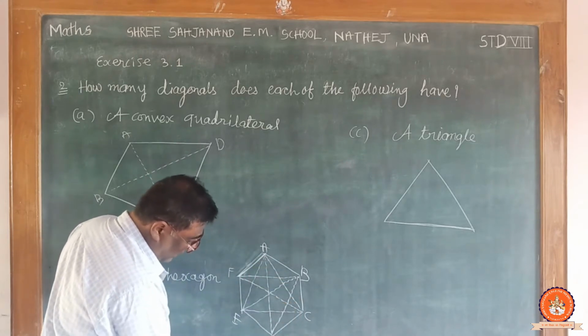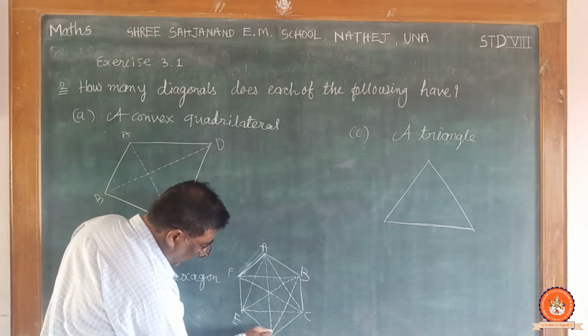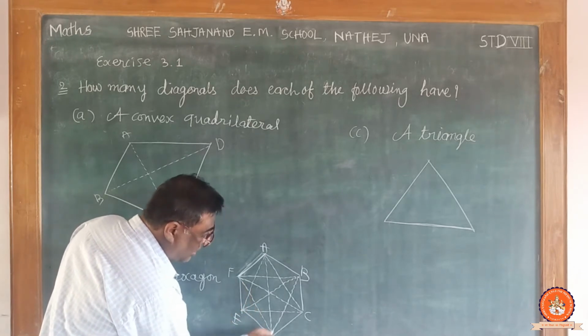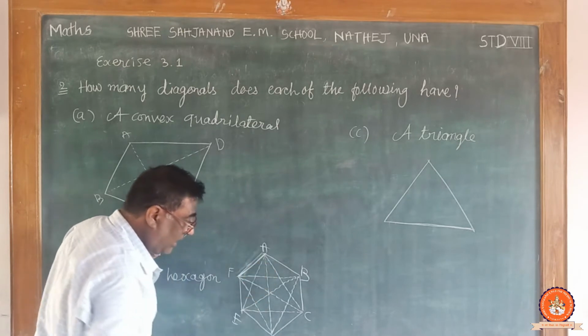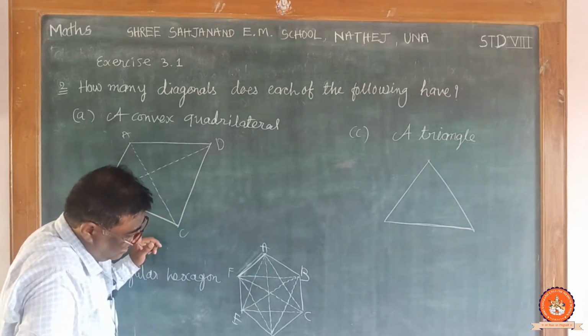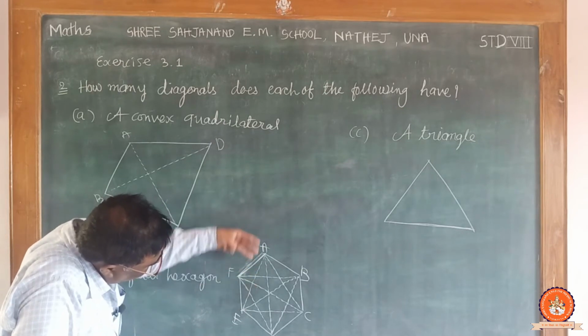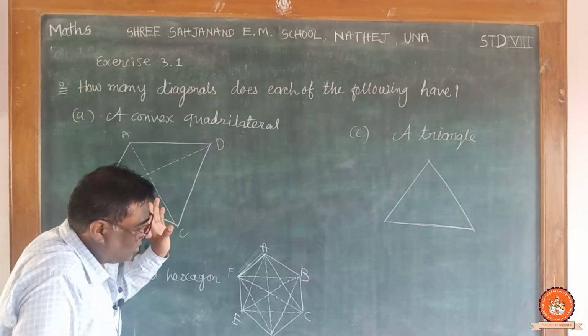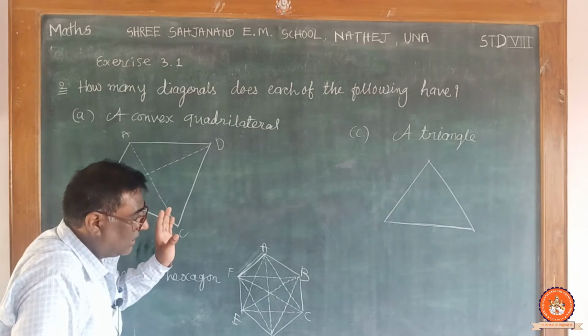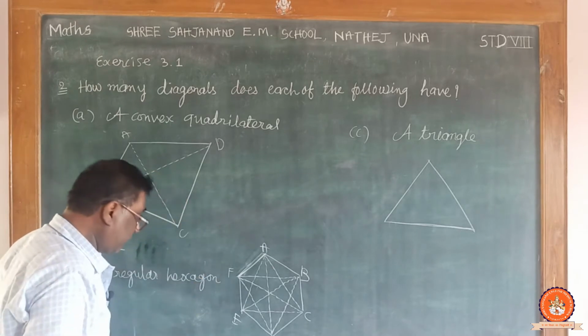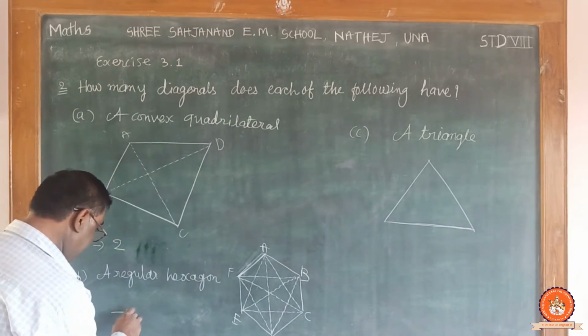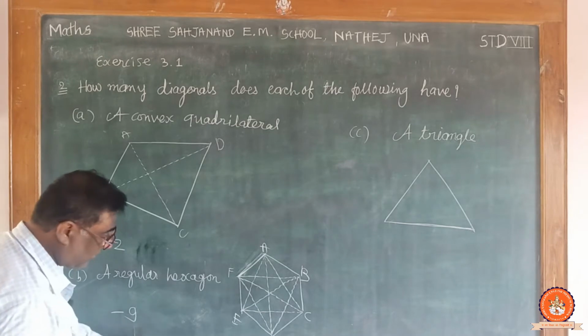Now think of D. You can join DF, as DB and DA are already joined. From E, 3 is there. From F, 3 is there. So there are 9 diagonals we can draw.